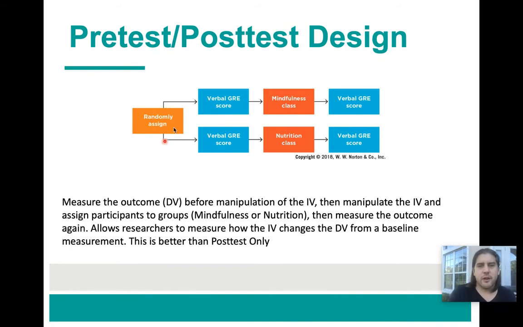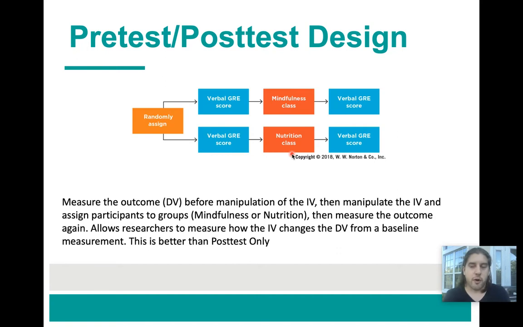So what we see here is random assignment into two groups, and we measure everyone's verbal GRE scores. The GRE is like the SAT, but for grad school. So we want to see how people do on the verbal portion of the GRE. So we get a baseline score. How does everyone do on the GRE? Then half of our participants do some mindfulness meditation classes.